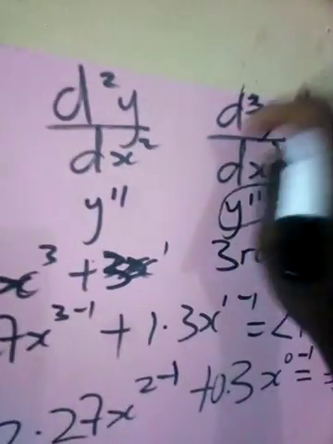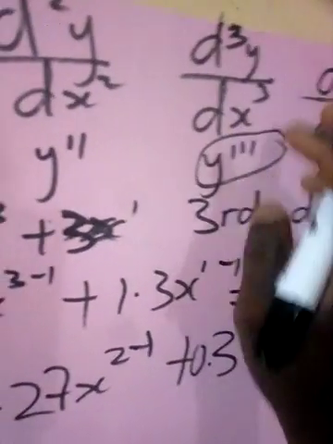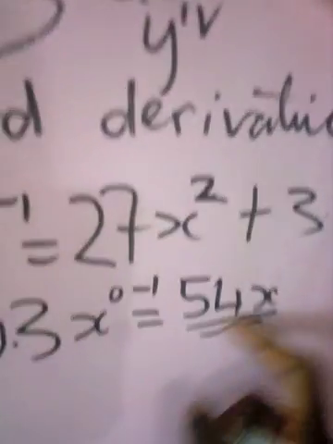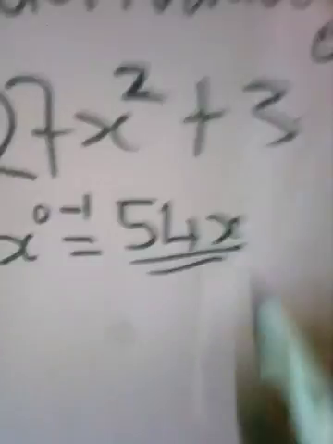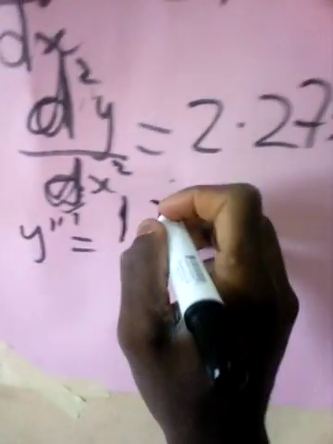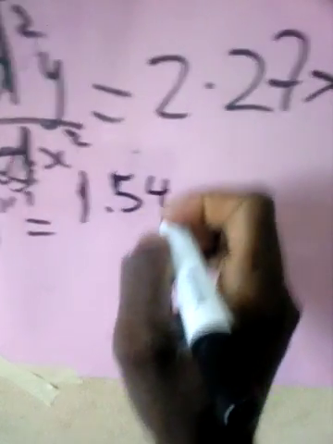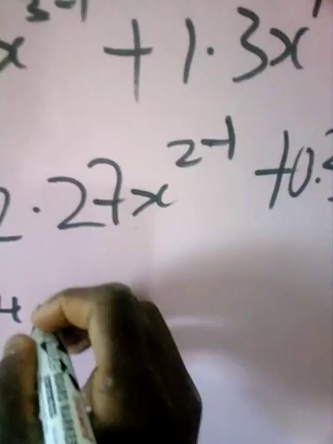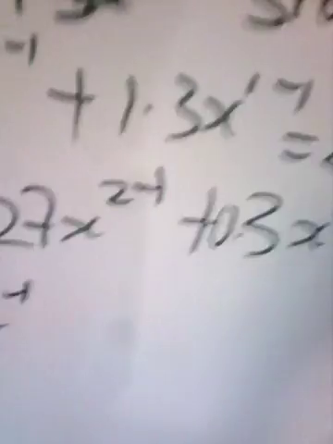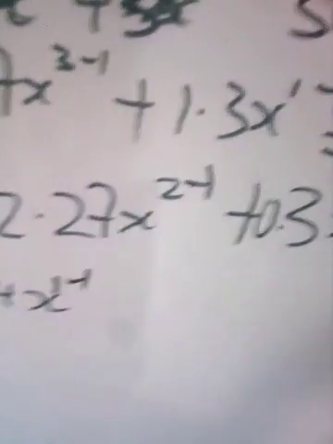And now for my third derivative, that is d cubed y over dx cubed, that's y prime prime prime. Let me minimize the space. If I differentiate this, what do I get? The power here is 1, so 1 coming down gives me 1 multiplied by 54, times x to the power 1 minus 1, power come down, power go up minus 1.